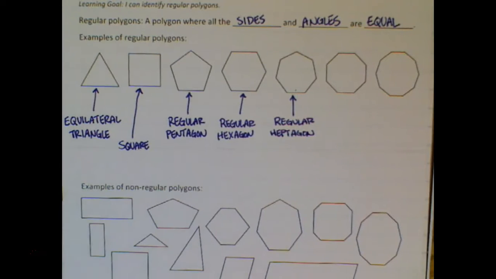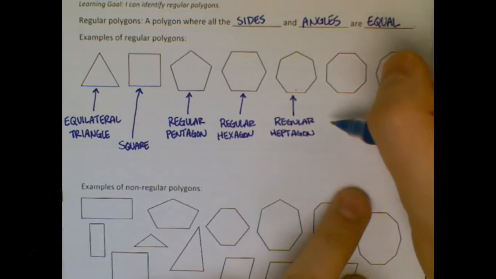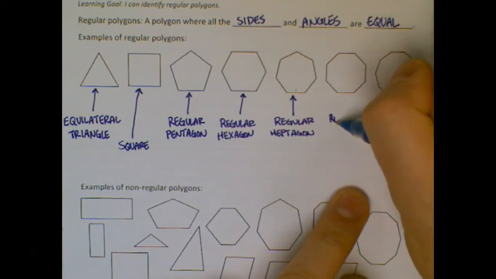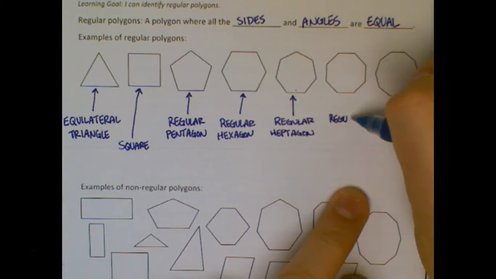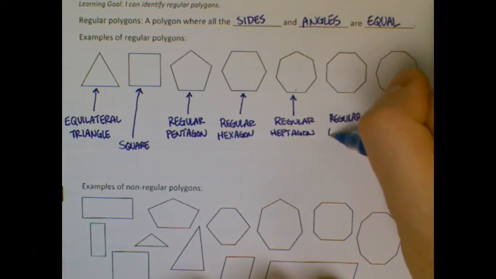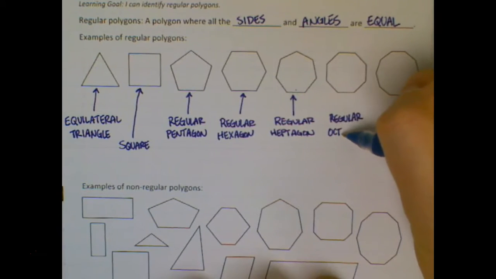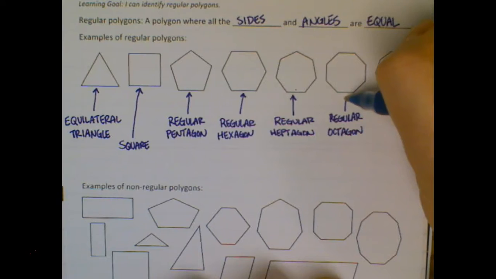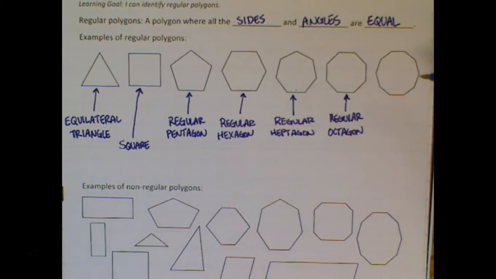Okay, next one is a stop sign. Hopefully you know what shape a stop sign is. It has 8 sides to it. And to help you with that, think of an 8-legged creature, an octopus. So this is an octagon, octa meaning 8. And our last shape here, counting them out, 1, 2, 3, 4, 5, 6, 7, 8, 9, 10.